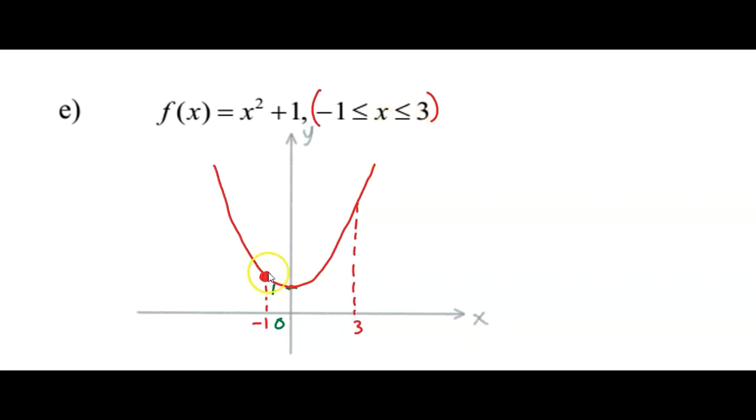So I'm using the dense circle to cut down my graph into 3 parts. Okay, 1, 2, and 3. But I will remain only the middle part, because the domain given is from negative 1 to 3. The excess graph will be deleted.